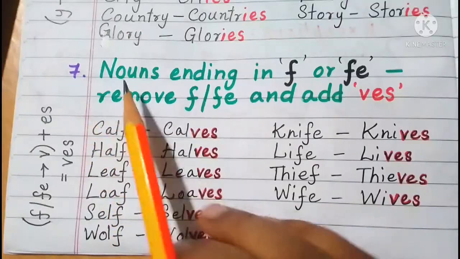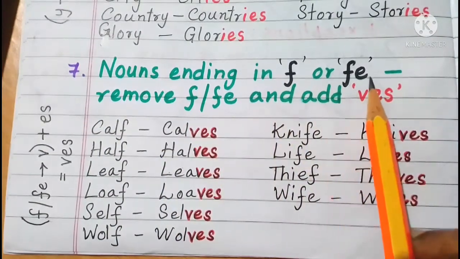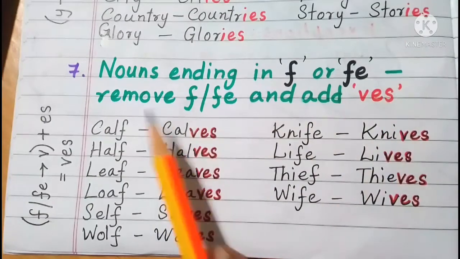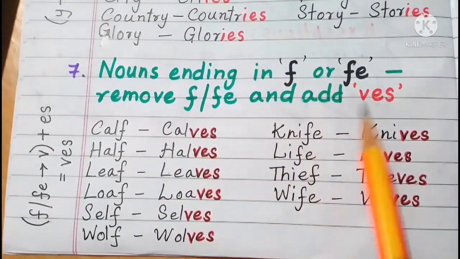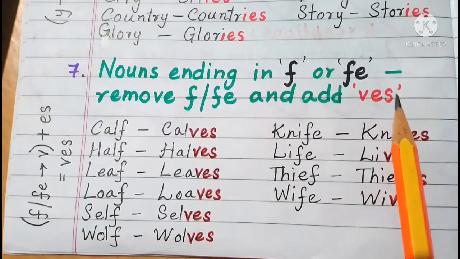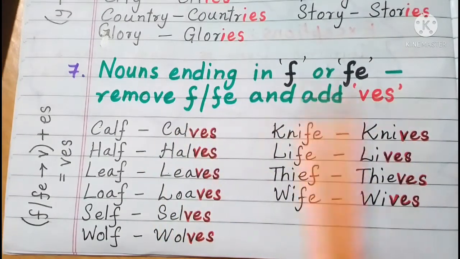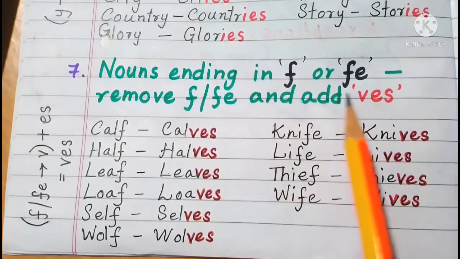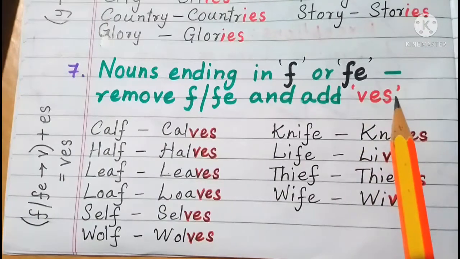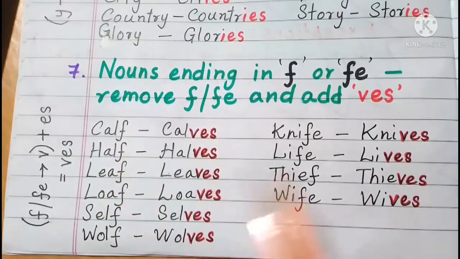Rule number 7: nouns ending in f or fe, then remove f or fe and add ves. I repeat, nouns ending in f or fe, then remove f or fe and add ves. So calf, these are the examples written here.